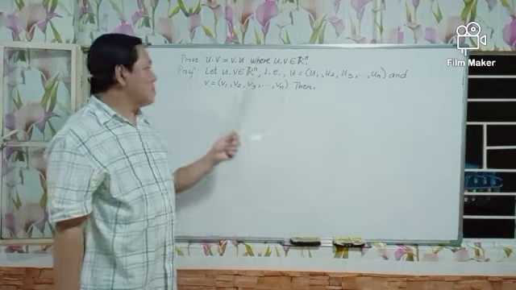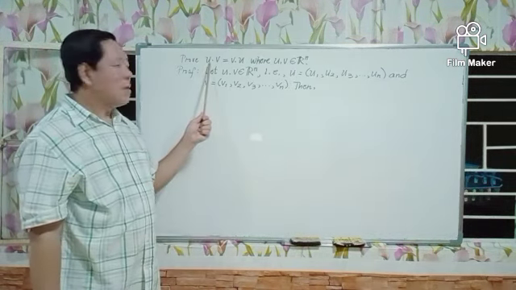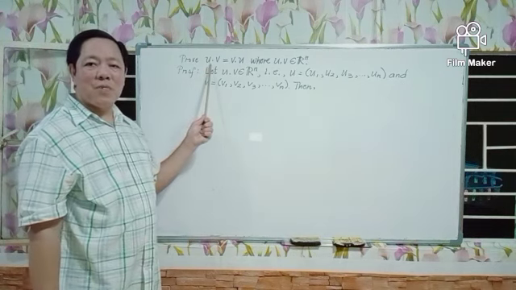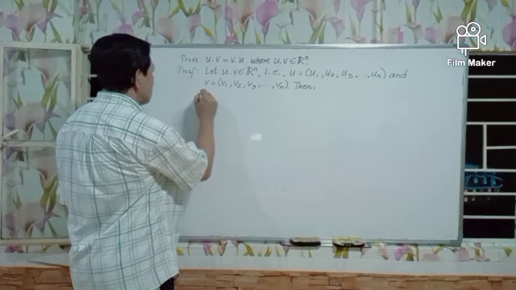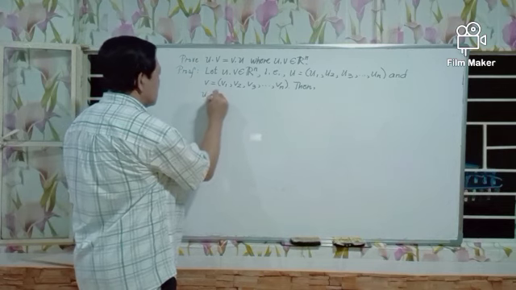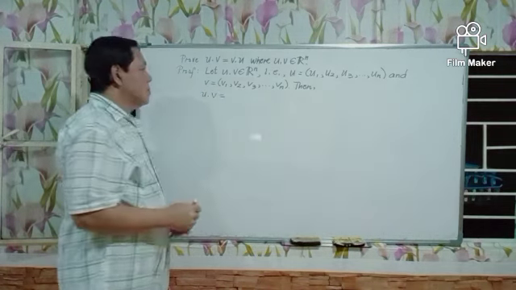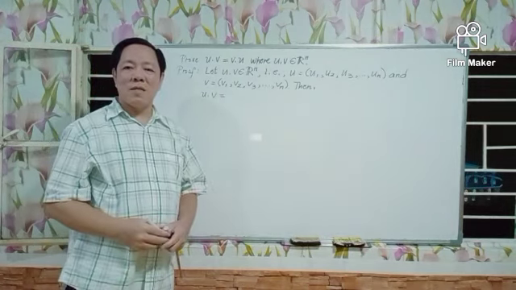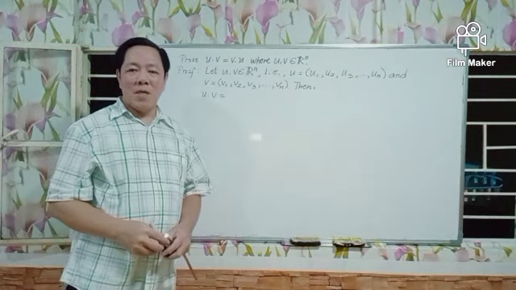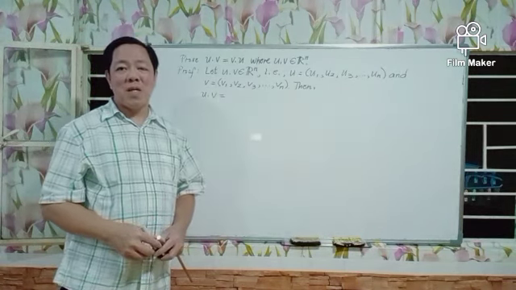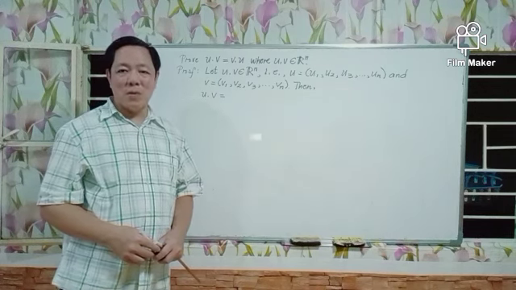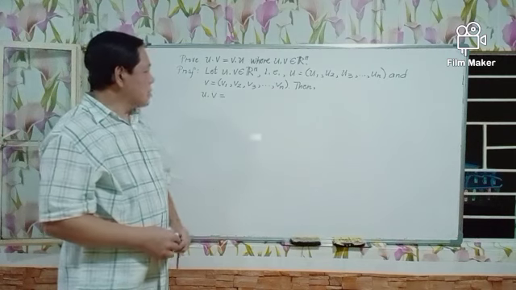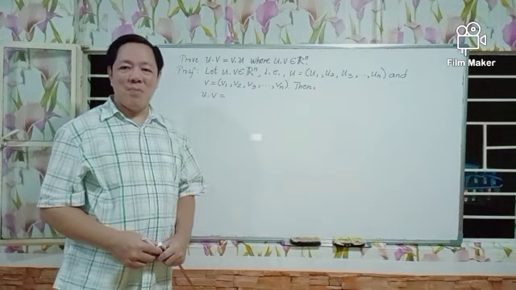Then we start from the left-hand side, we obtain the dot product of u and v. And instead of writing all the terms in the sum of the dot product of u and v, we use the compact notation, or the sigma notation, to write the dot product of u and v.